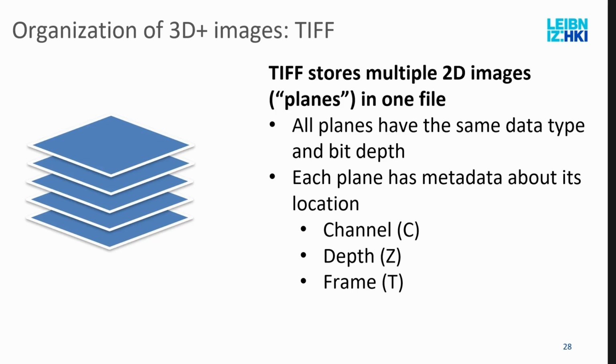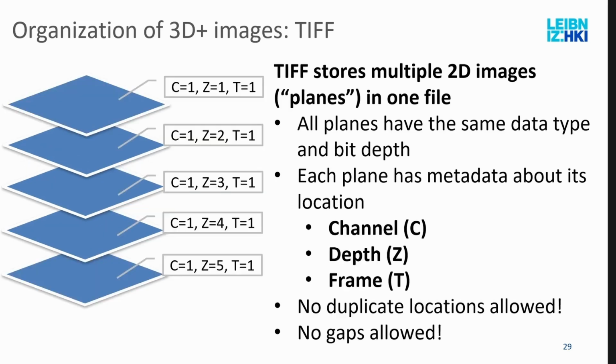And the very common standard way of storing TIFFs that have multiple dimensions is, you have these constraints here, but then you say you have three additional different dimensions. And this is where the confusion comes from with channel. You have the channel dimension, the depth dimension, and the frame dimension inside the TIFF. And this is super, super confusing.